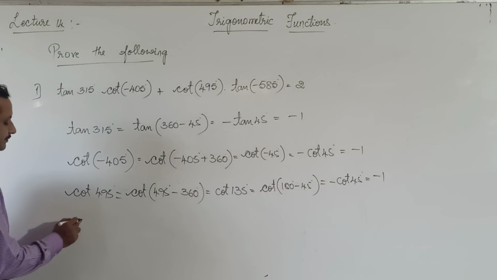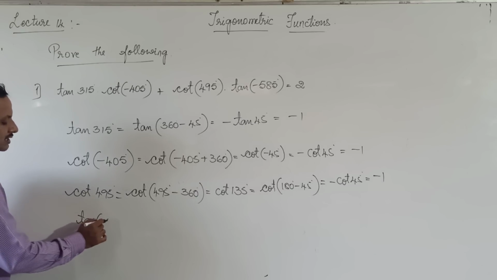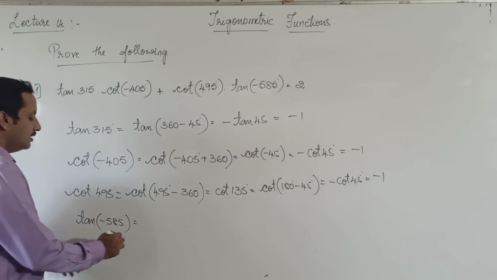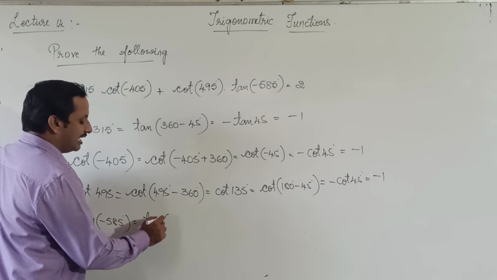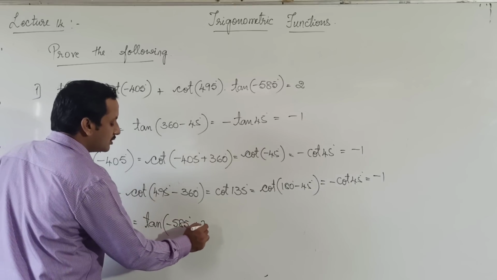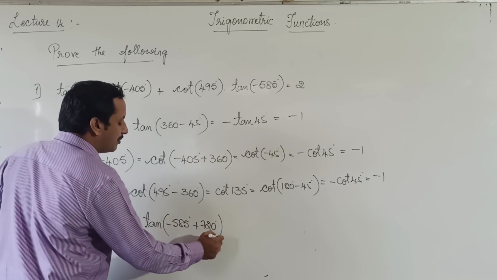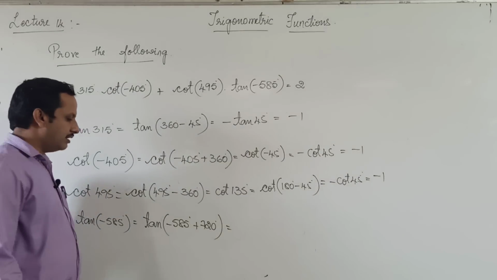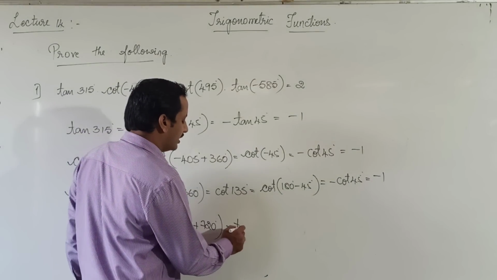Then tan of minus 585 degree. Here I will add a multiple of 360. I will add 720 degree to this. So minus 585 plus 720 gives you 135.